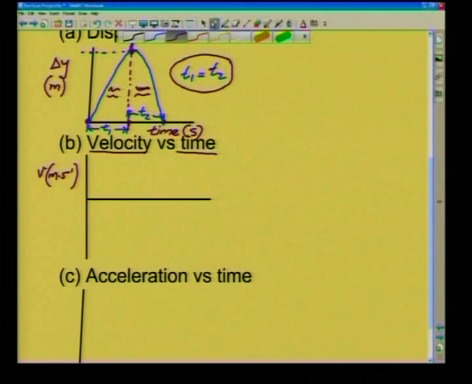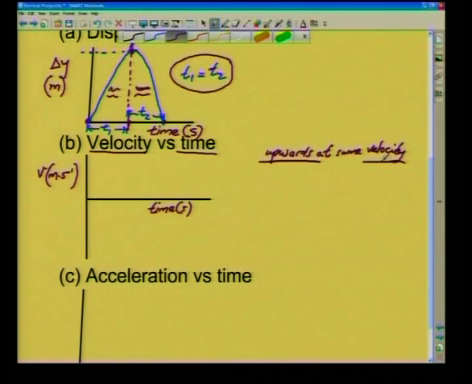So let's have our time axis at that point. So the time in seconds, let it be there. Now we are told that this object is thrown upwards at some velocity. So somebody throws the object upwards at some velocity.